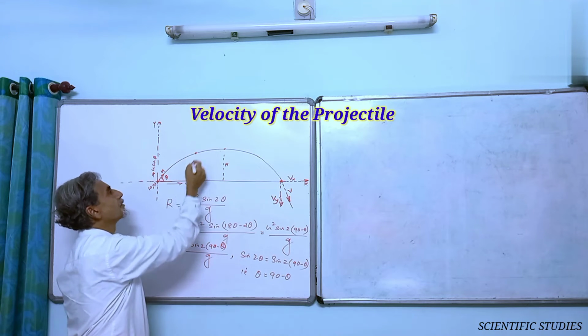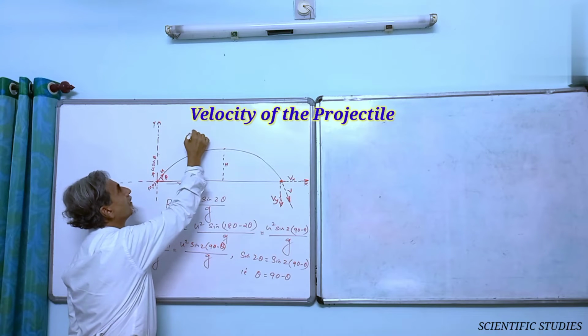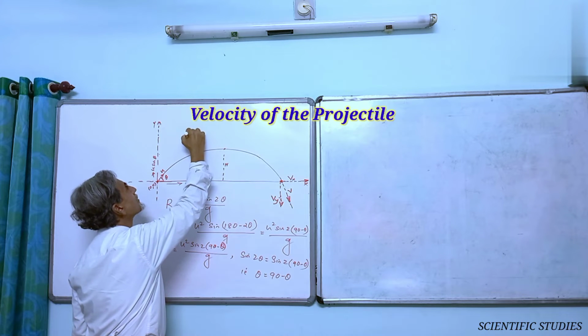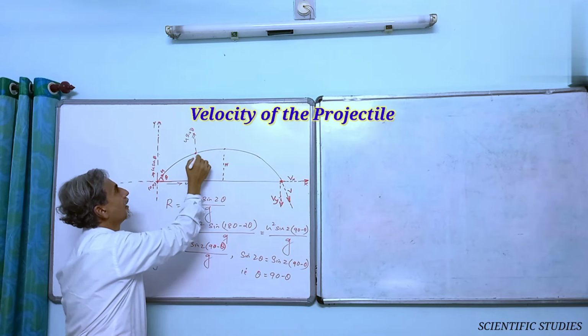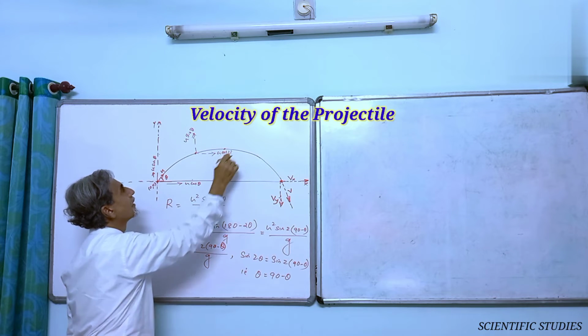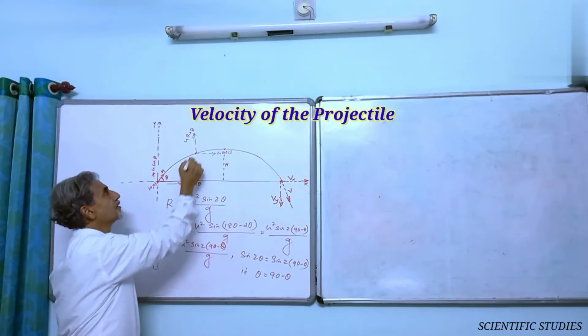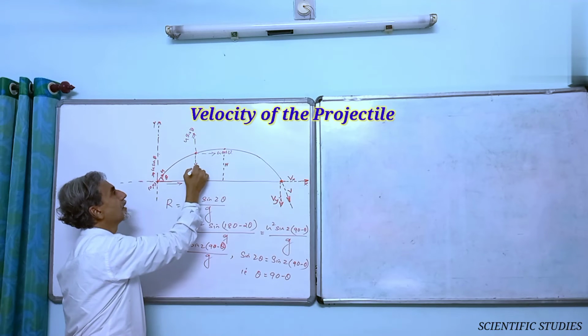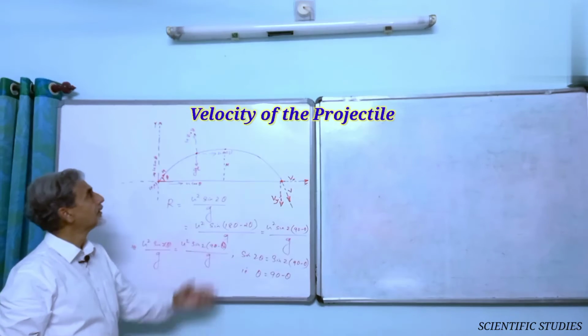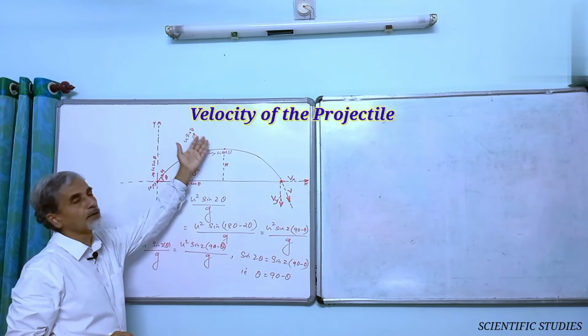Suppose the body is at the position P, and there is a vertical component that is u sin theta, a horizontal component that is u cos theta, and a downward velocity due to the force of gravity that is gt. That is, the body experiences these three velocities.